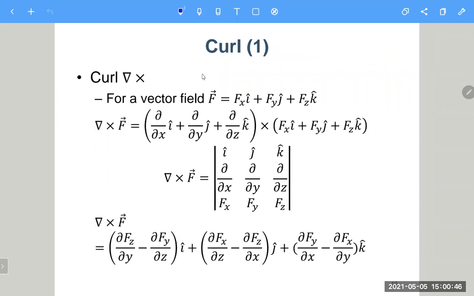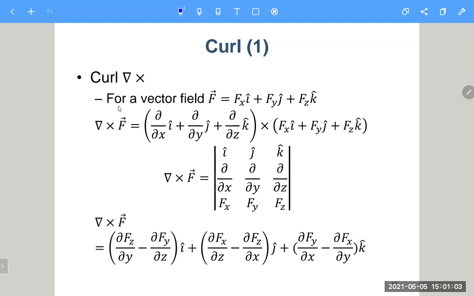And another operation is called a curl, which is like the gradient cross product with something else, which of course should be a vector field. So here we still have this vector field F in the Cartesian coordinate.